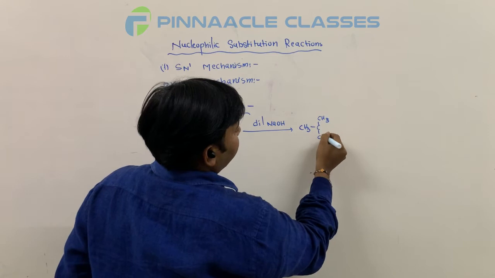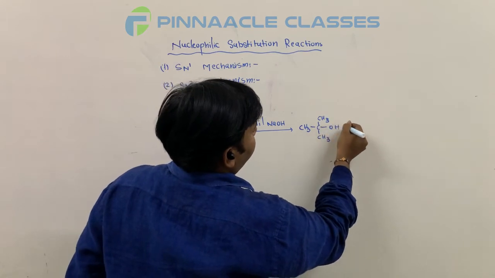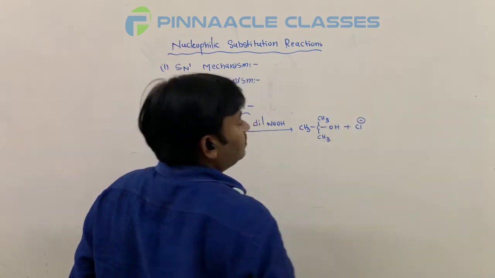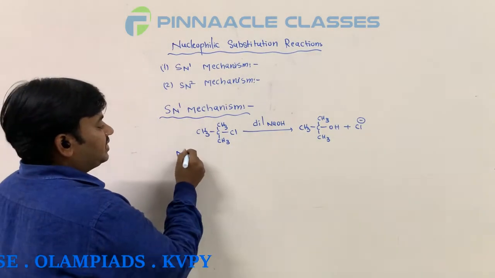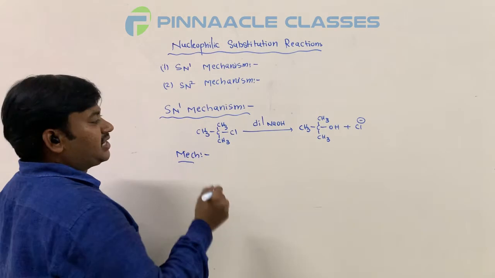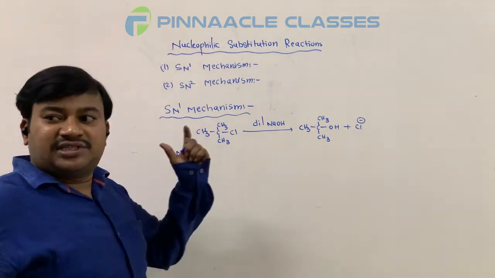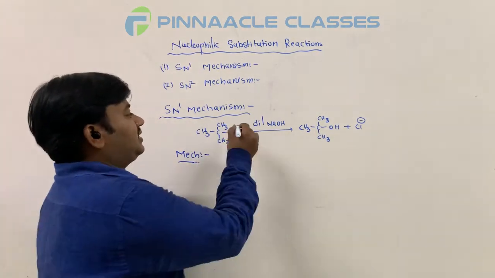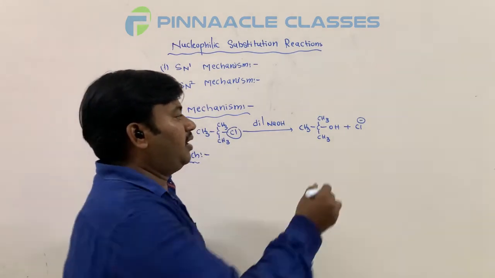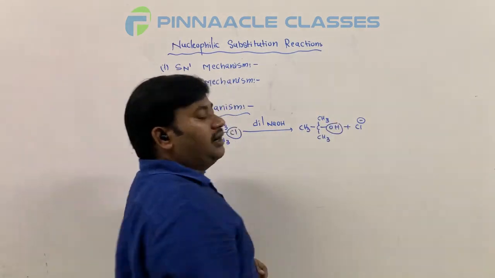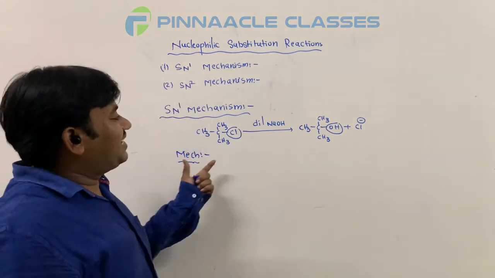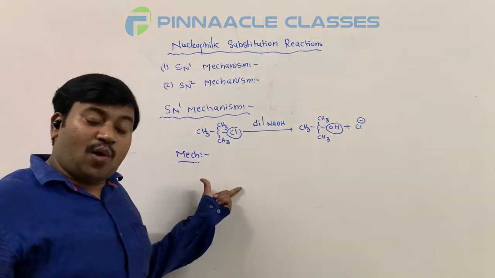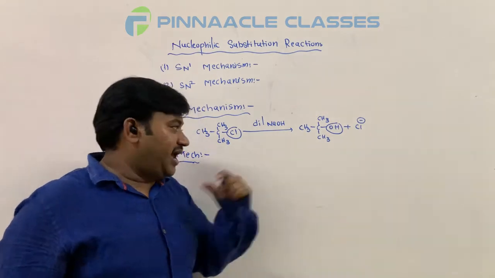You will get tertiary butanol by elimination of Cl. So what is the mechanism behind this reaction? By looking at the reaction, it is a very simple substitution reaction. See here, Cl is substituted by OH. That's why it comes under nucleophilic substitution reaction. So how does this reaction proceed? What is the mechanism behind this reaction?